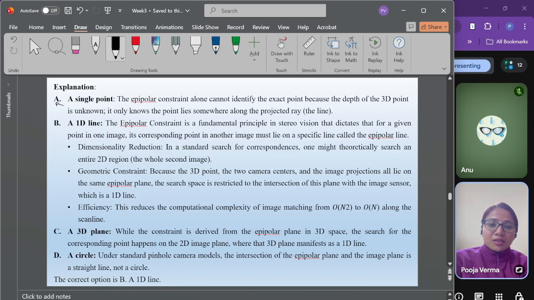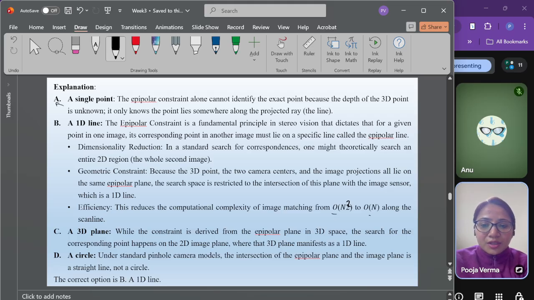In a standard search for correspondences, one might theoretically search an entire 2D region, but with the geometric constraint, the 3D point, the two camera centers and the image projections all lie on the same epipolar plane. The search space is restricted to the intersection of this plane with the image sensor, which is also a 1D line, and that reduces the computational complexity of the image matching from O of n squared to O of n along the scan line.